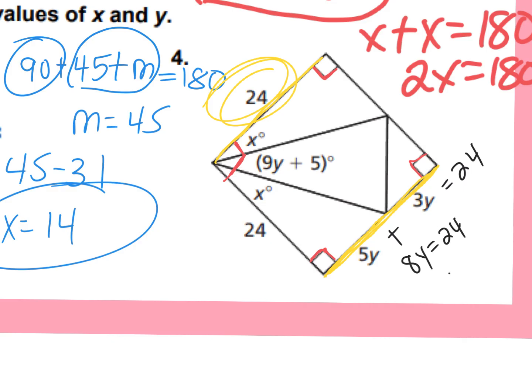Divide by 8 on both sides and I get y is 3. If I know y is 3, what is 9 times 3 going to give me? So I'm going to replace this with 27. This whole thing is 27 plus 5, right? What is 27 plus 5? 32. So actually, I'll replace this entire thing with 32.